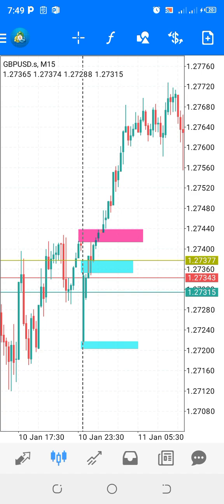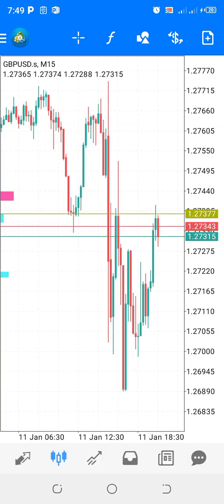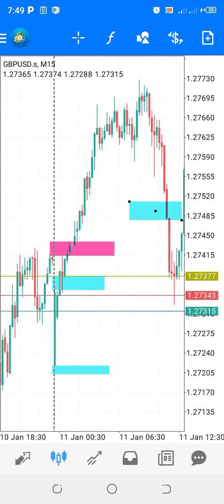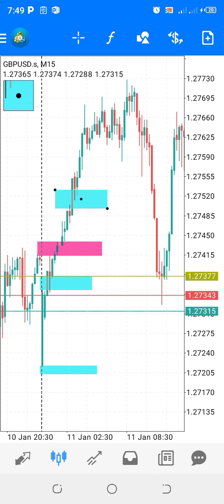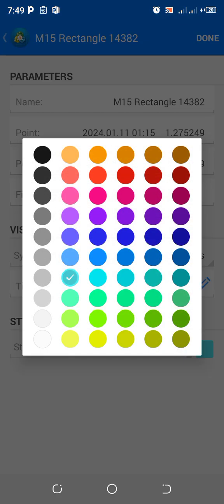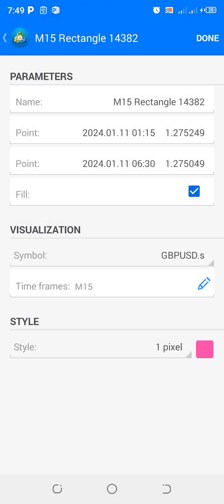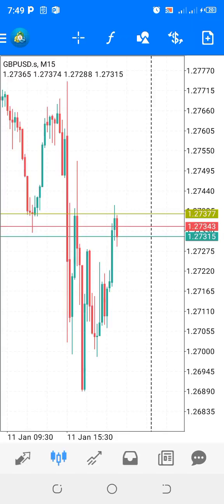So I've marked the new impulse start level, and I'll mark again the new impulse break or continuation level, which is set at the high since it is a bullish break. And for that break level, I'll use a crimson or red slab to differentiate the two. And I maintain these colors, of course.